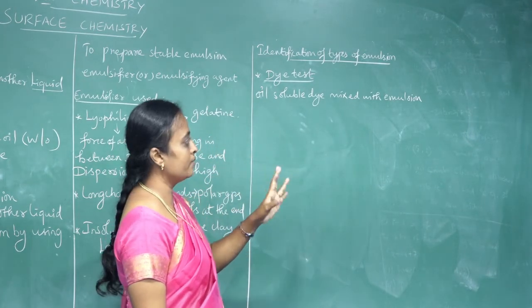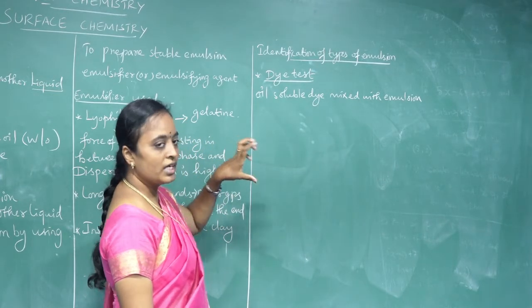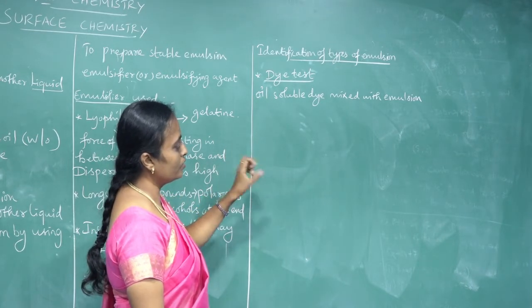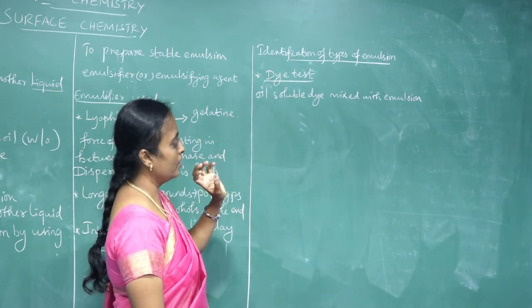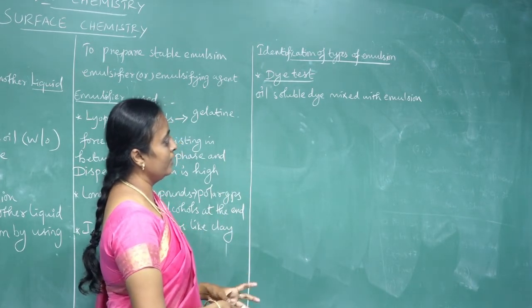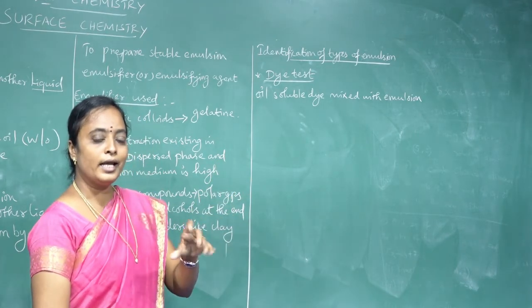We know that an emulsion is made up of two phases. You have to shake the emulsion properly, and while shaking, you can infer that the aqueous emulsion will not take the color.